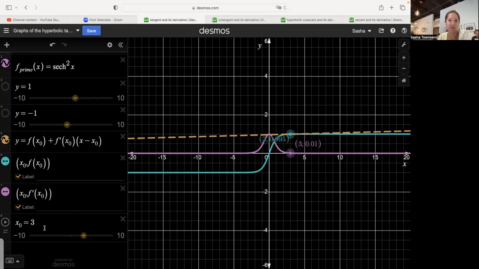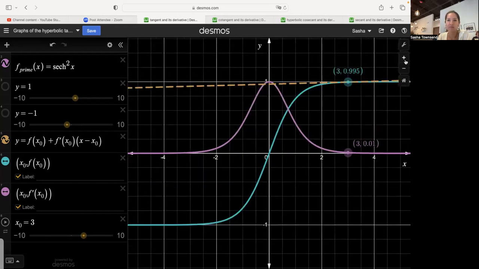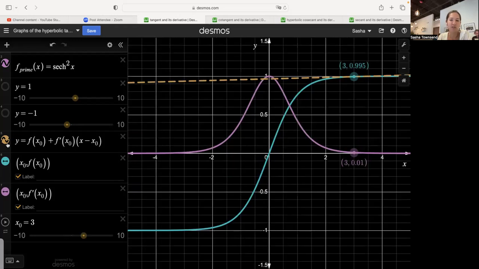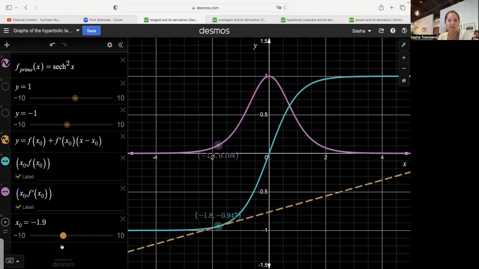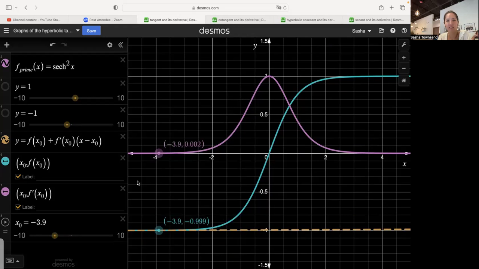That's where we have slopes that are non-zero. If we want, we can zoom in a little bit and we can see both of those curves. That gives us the relationship between that hyperbolic secant squared graph and the hyperbolic tangent graph.